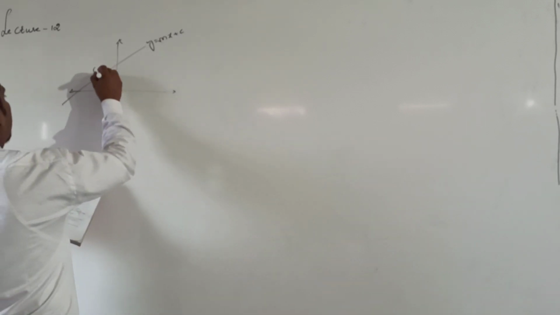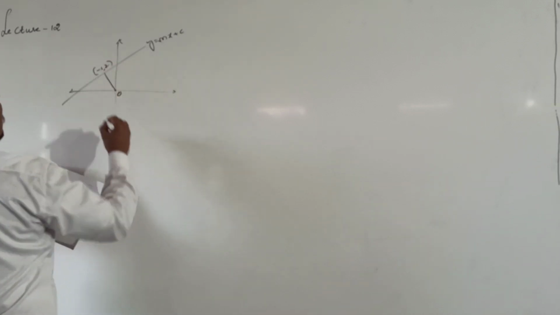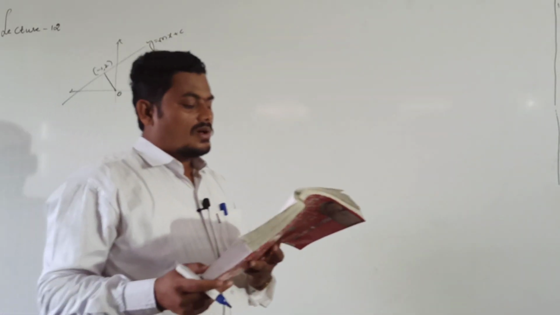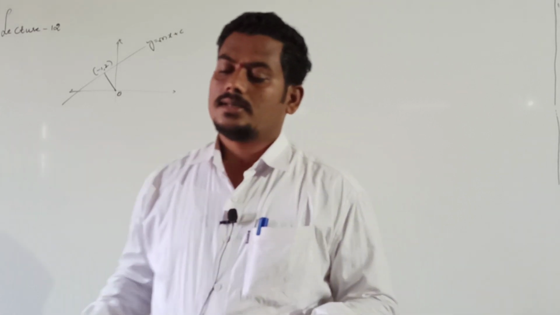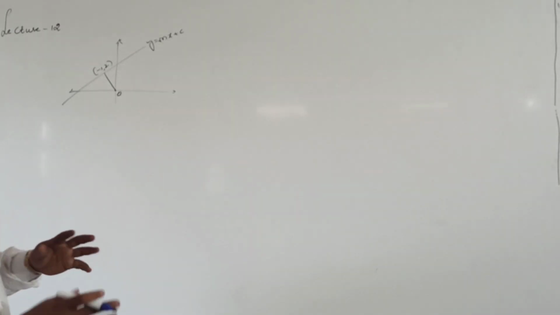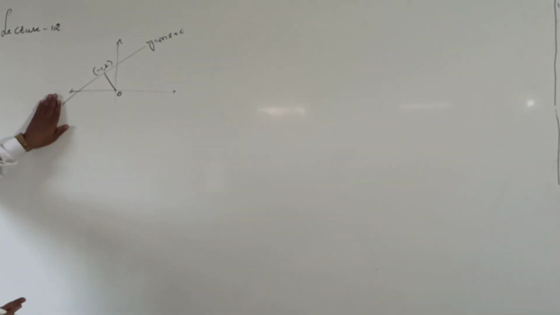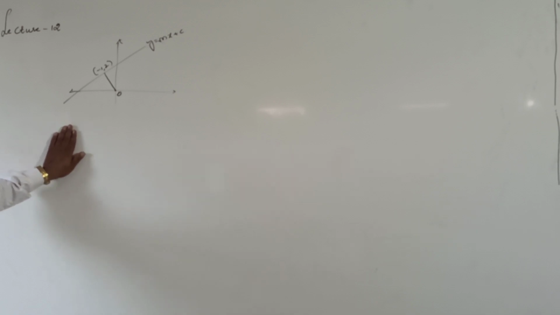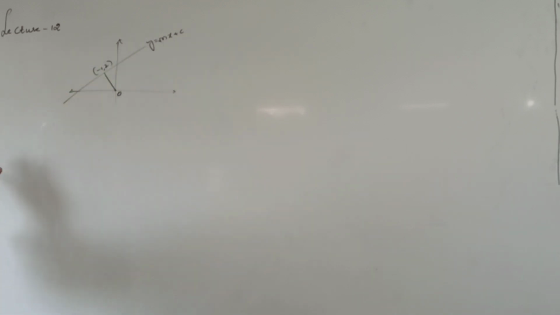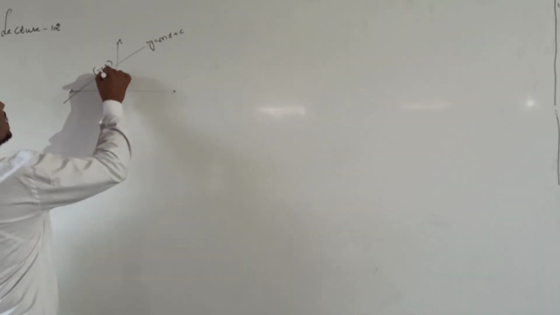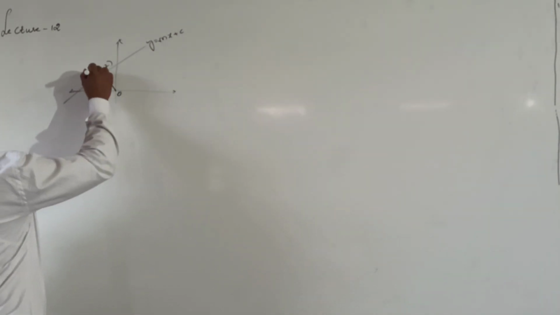At -1, 2. Then find the values of m and c, right? The line drawn from the origin to this line meets it at the point -1, 2. Take this as P.